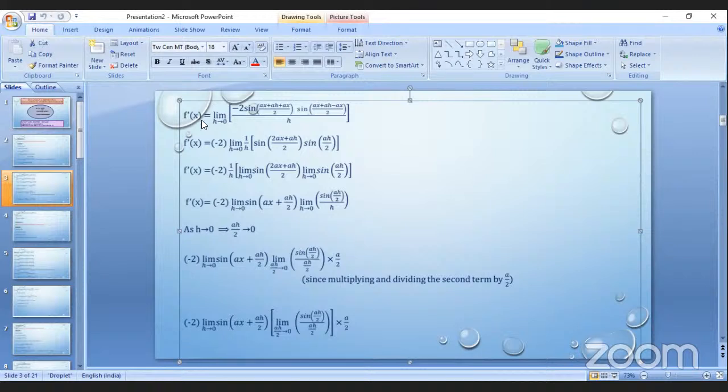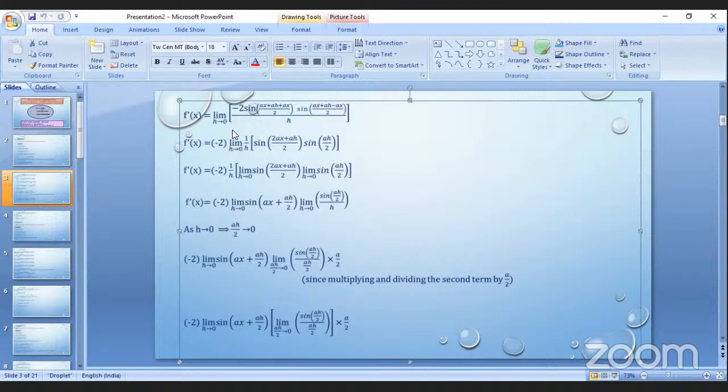Now after applying the formula we get f dash x equal to limit h tends to 0, minus 2 into sine of c plus d, what is c? ax plus ah plus d value ax, by 2, into sine of c minus d, ax plus ah minus ax by 2, whole by h.